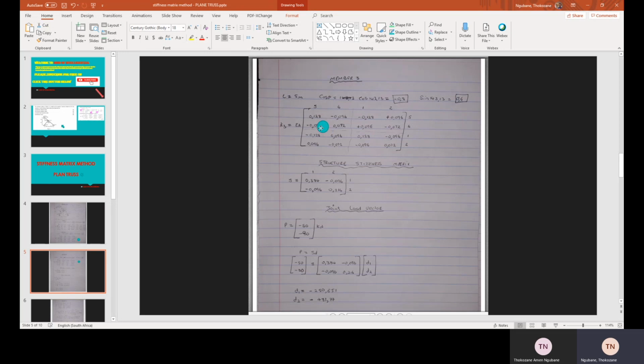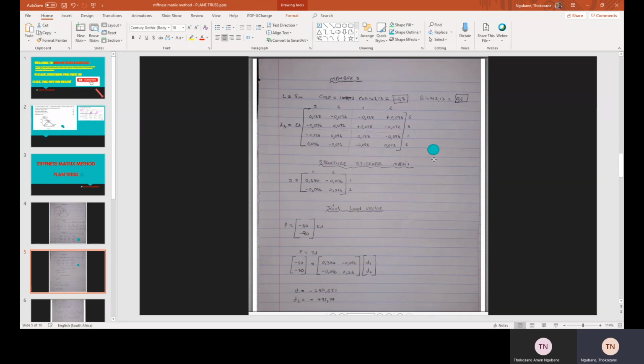Then same thing, cos squared here times EA over 5, times 1 over 5. We constructed our K stiffness matrix. Okay, we name it 5, 6, 1 and 2, as this member goes from nodes 5, 6 to 1 and 2.